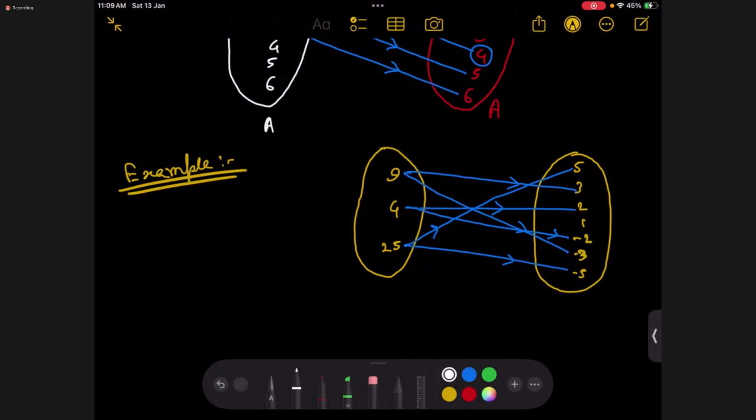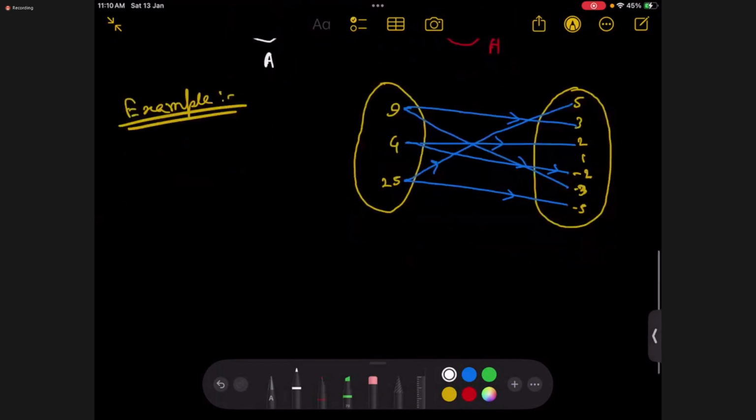Okay, so the question is, write this relation in set builder form, in roster form, and what is its domain, what is its range, and what is its codomain. So the codomain set is this set, obviously.